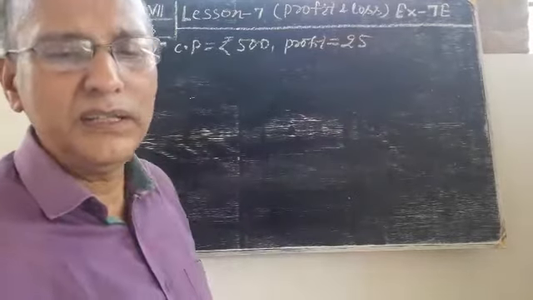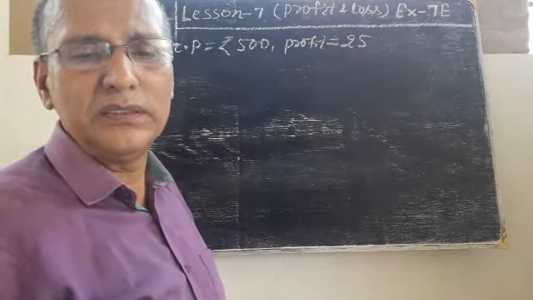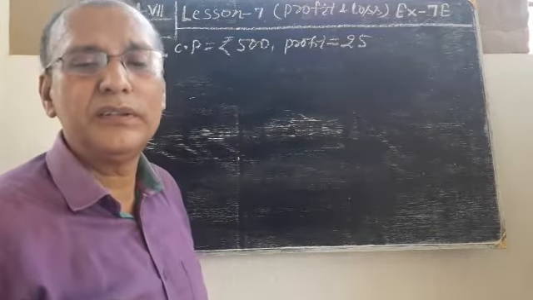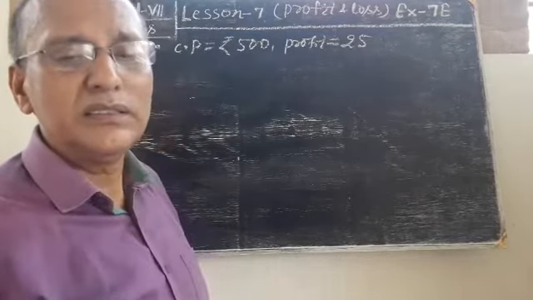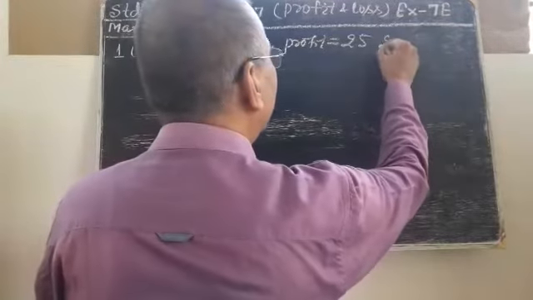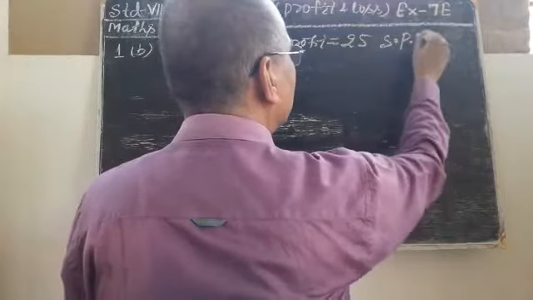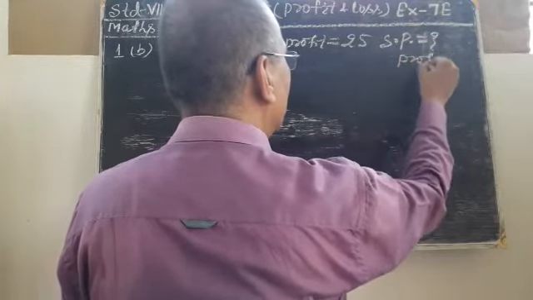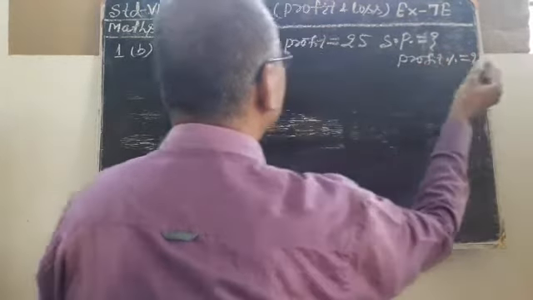In the box of the profit it is written 25. So no matter of loss, when it is profit, then we have to find the SP and the profit percent. SP is equal to what? Profit percent is equal to what? We have to find these two things.